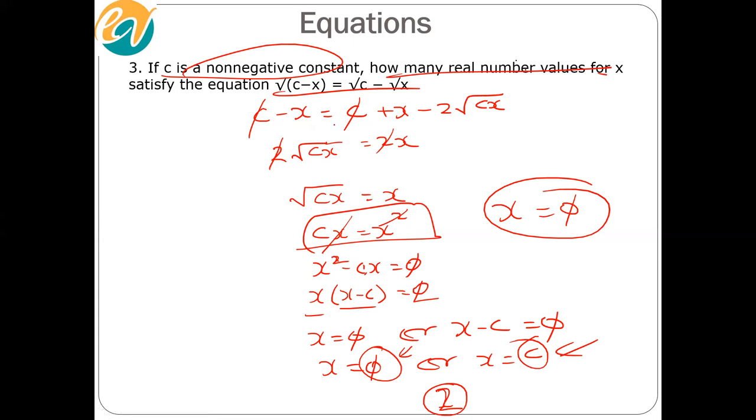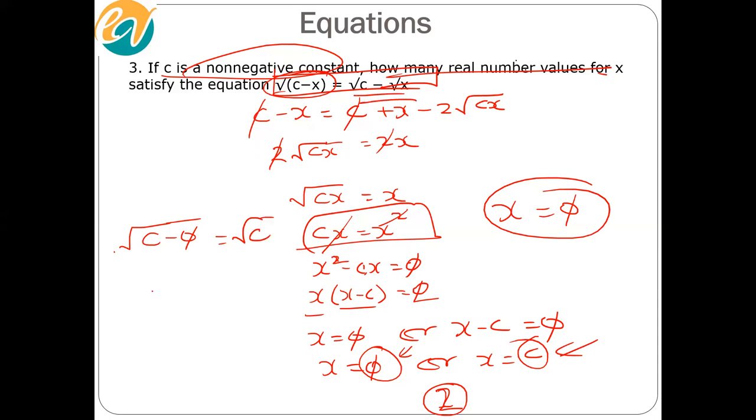Actually, it's not about just the procedure, right? The point is we want to find out whether x is equal to 0 satisfies this equation. Let's do that. If x is equal to 0, what is the left hand side? Root of c minus 0, which is basically nothing but root c.